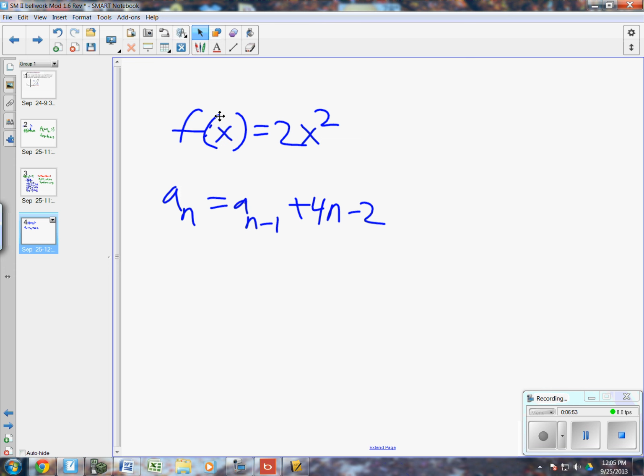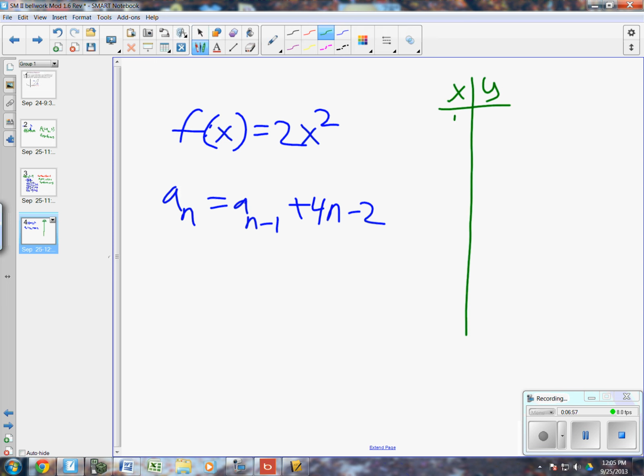Okay. Let's look at the table. On number 4, we get 2, 8, 18, 32, and 50. Did you match 1 up to 2 and 2 up to 8 and 3 up to 18 when you did this?